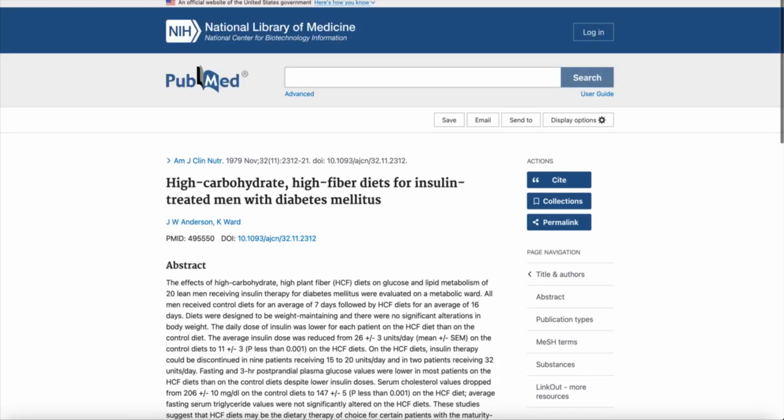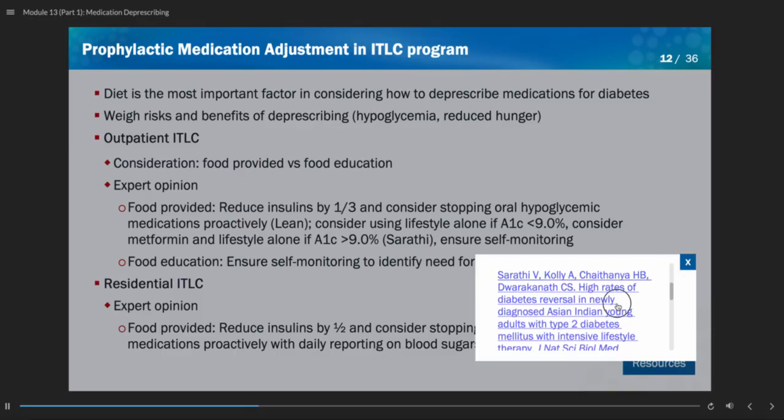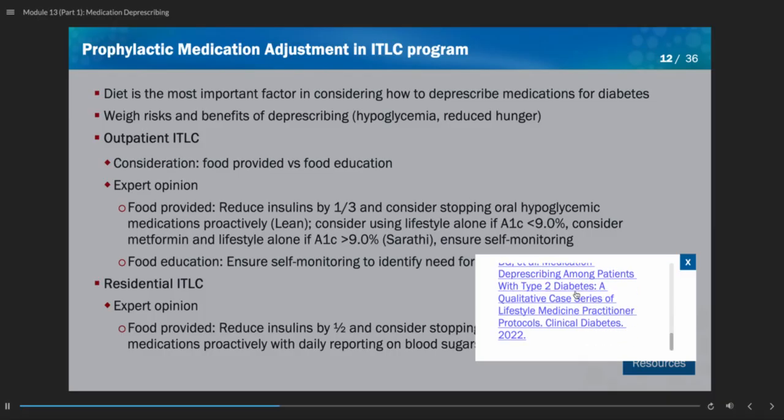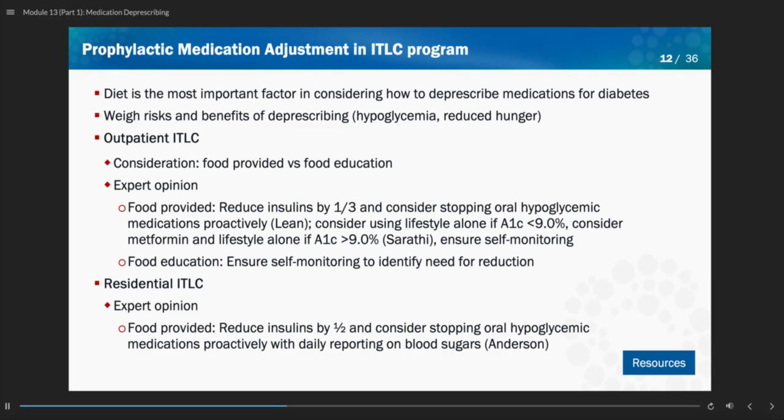There are two primary settings where intensive lifestyle change programs will run. One is in an outpatient setting, and the second is in a residential setting. The considerations for prophylactic medication adjustment differ slightly. So in the outpatient setting, there are usually two types of intensive therapeutic lifestyle change.